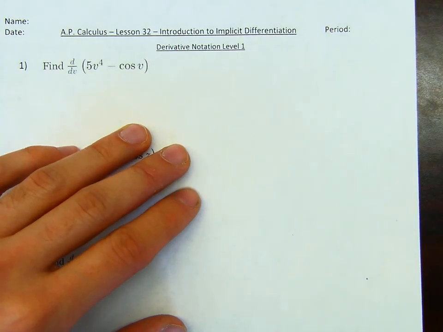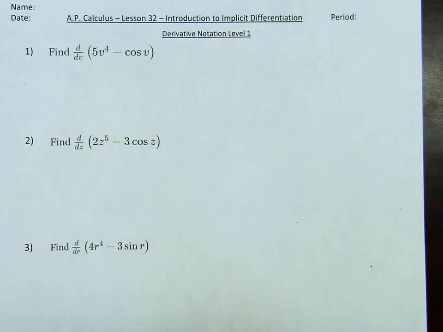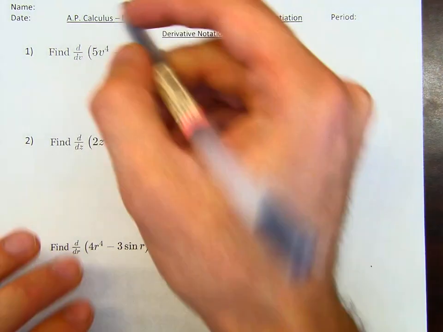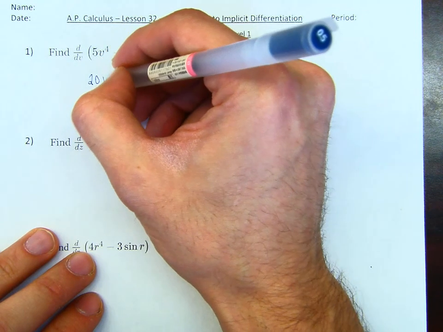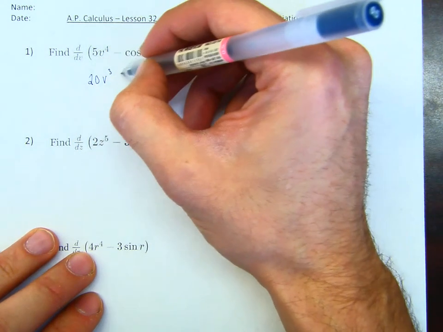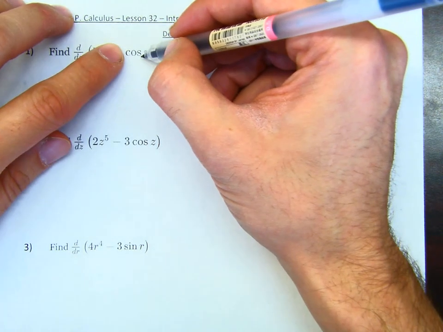So let's take a look at the first three. Try and do them by yourself without any assistance. So for the first one, d dv of 5v to the fourth should be 20v cubed minus, what is the derivative of cosine?